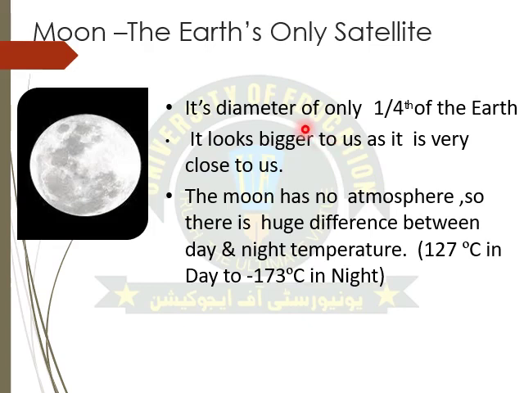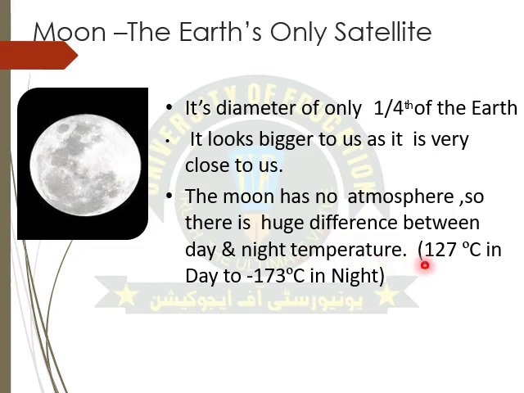The diameter of the moon is about 1/4 of Earth. It looks big to us and it is very close to our Earth. The moon has no atmosphere, so there is a huge difference between day and night temperature.